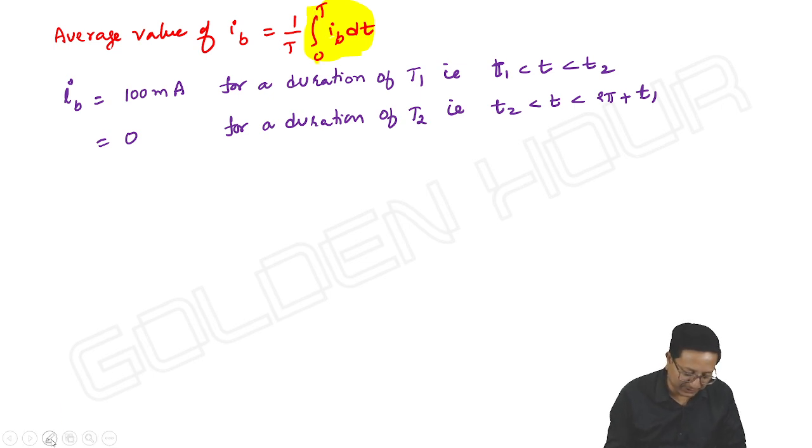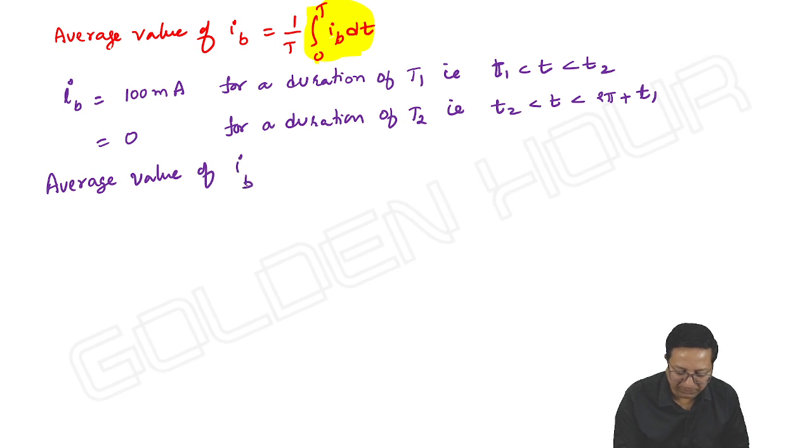Okay, instead of that, we can use the definition as well. So average value of IB is equal to area by period.